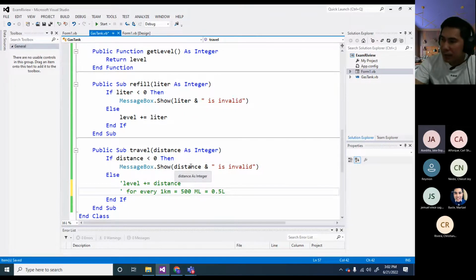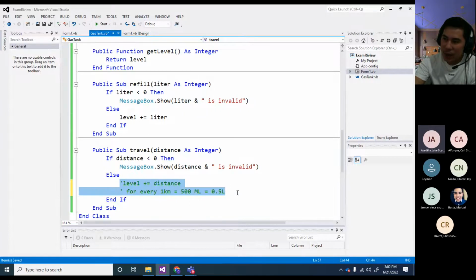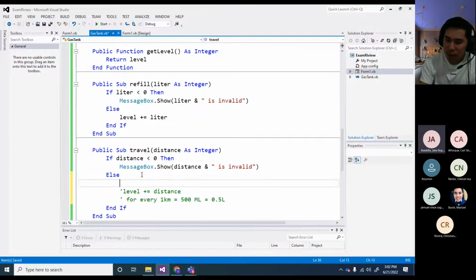That means if my travel is 2 kilometers, 1 liter is taken from my gas. Do you get it, guys? Hello? Did you get it? Oh, okay. Alright. So, if you got it, what will our formula be?